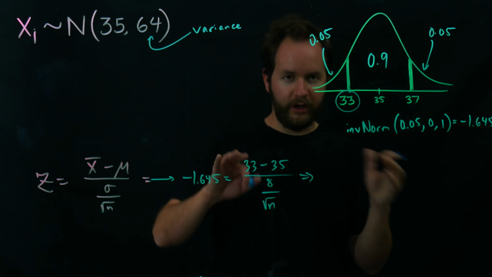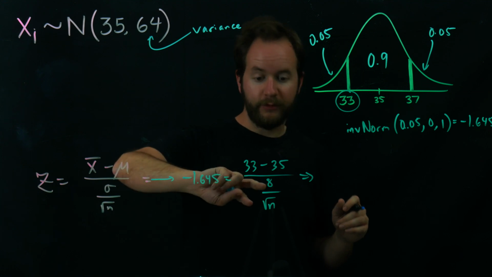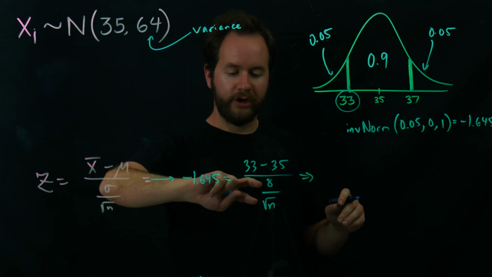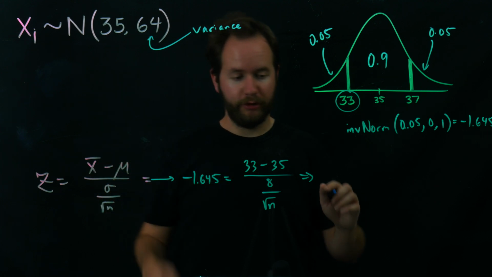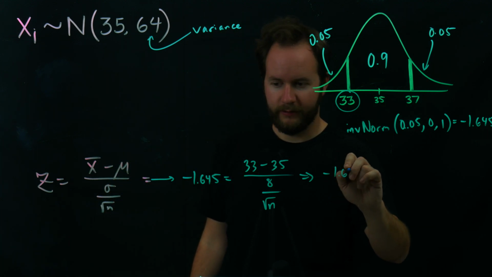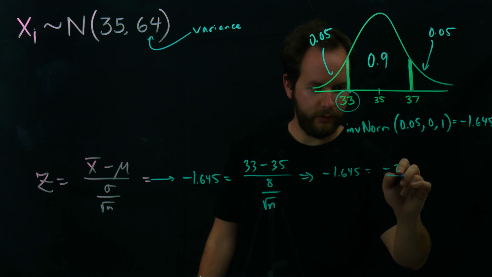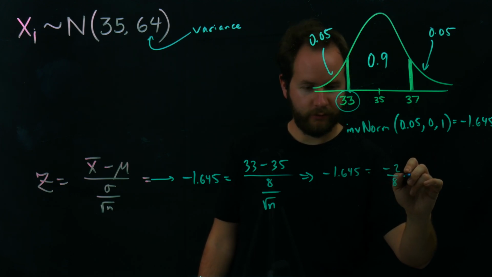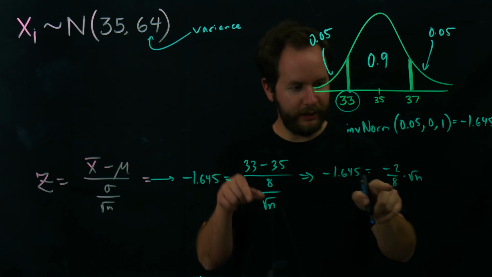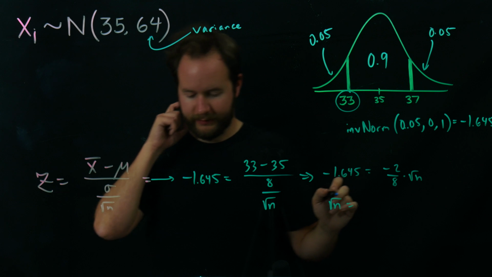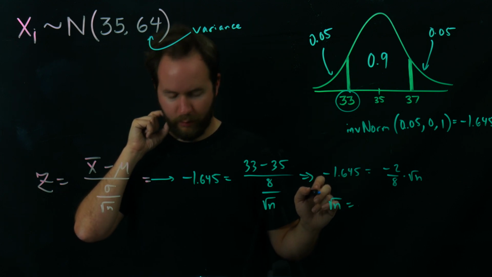Now, do a little bit of algebra. You can take the reciprocal of this. A lot of people think that this part can be a bit confusing. But remember, when you divide by a fraction, you flip the bottom fraction and multiply. So you can say negative 1.645 equals negative 2 over 8 times square root of n. We're going to multiply by 8, divide by negative 2, which tells us square root of n equals, let's see, we have 6.58, I think.